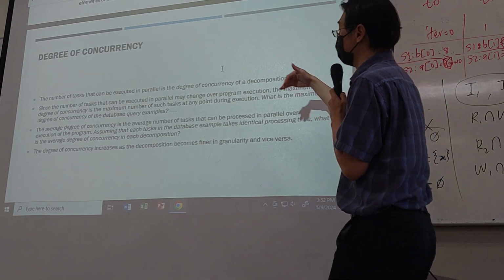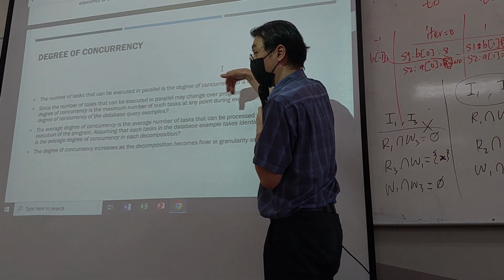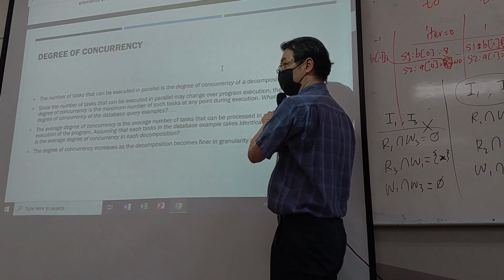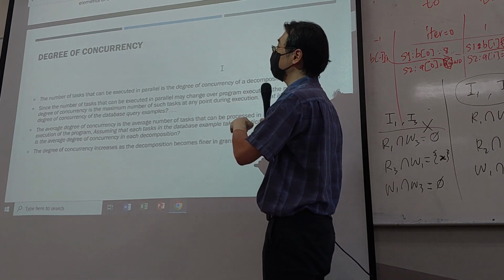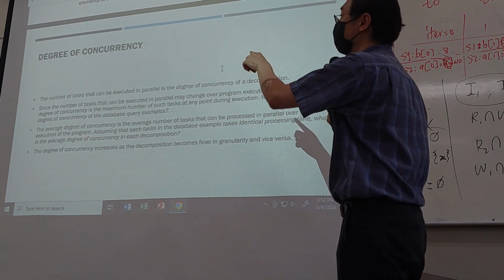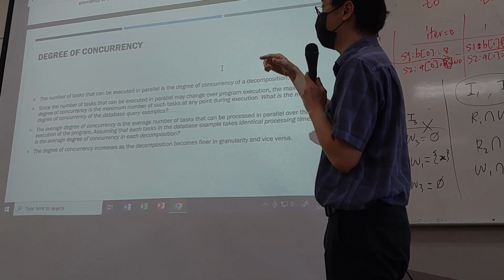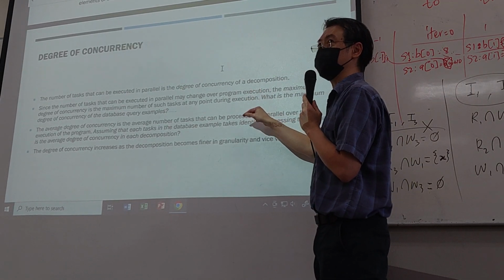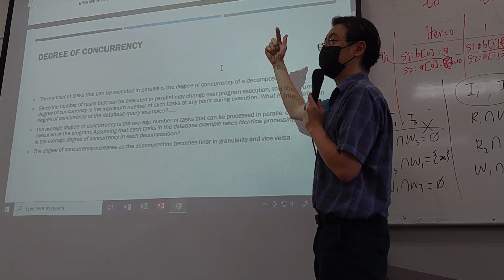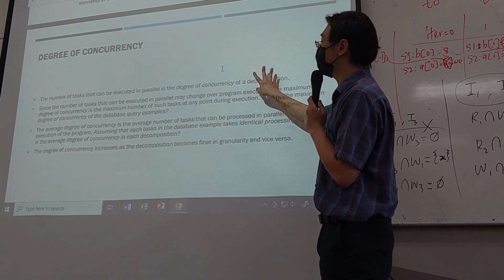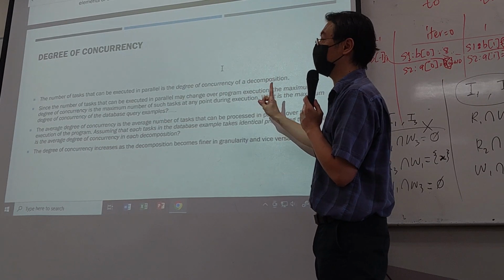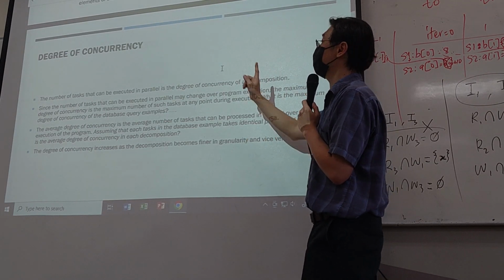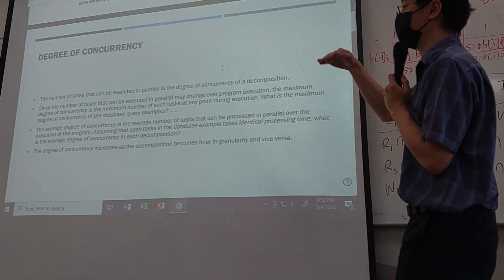Remember, I mentioned how wide it is. I calculate 4, right? Those 4 can actually run concurrently. So the degree of concurrency for level 1 is 4, level 2 is 2, level 3 is 1 for the first case. Second case, level 1 is 4, level 2 is 1, level 3 is 1, level 4 is 1. So that is the degree of concurrency for each level.